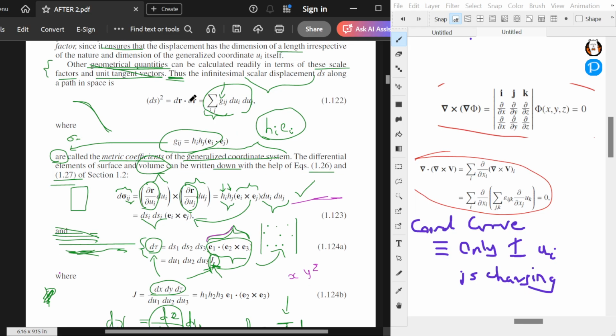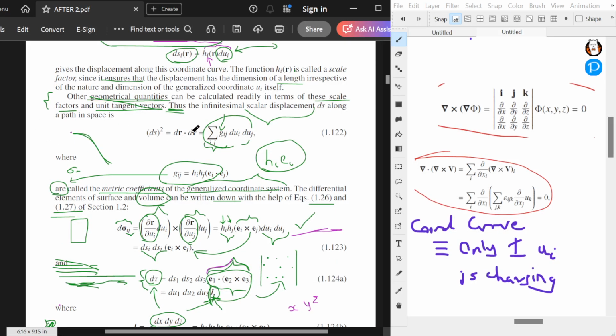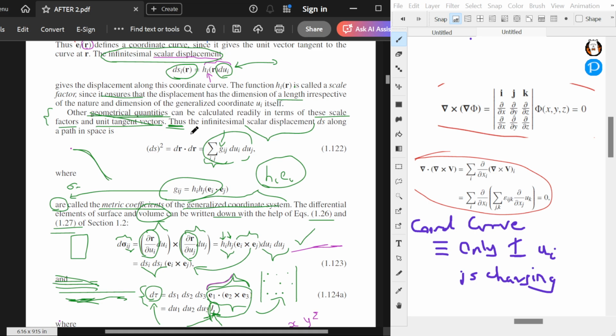dr dr equal gij dui duj, dr dot dr. X component of this.